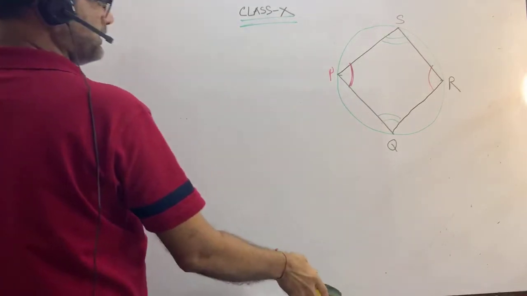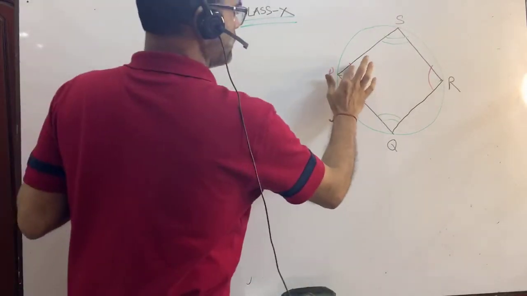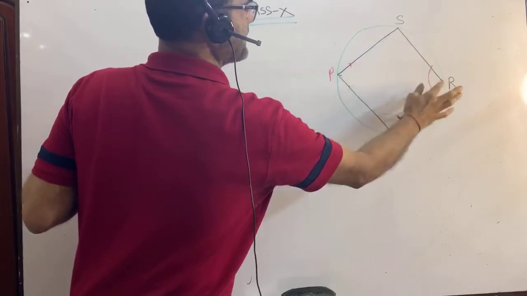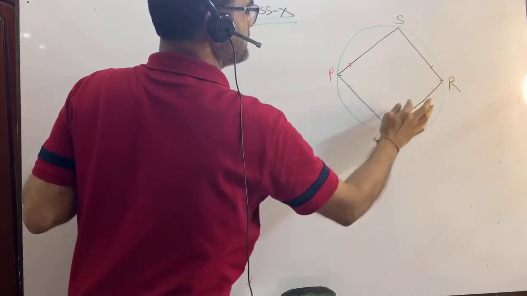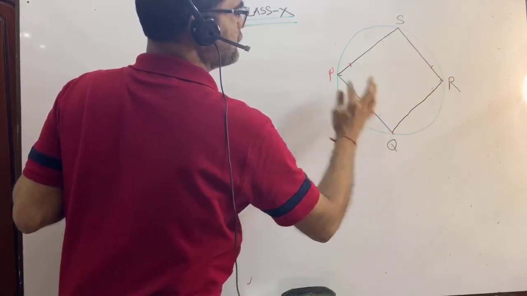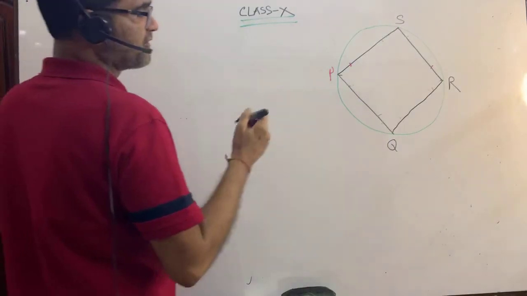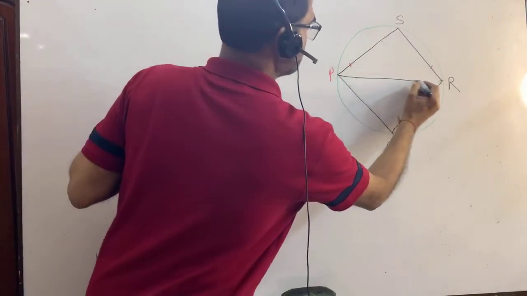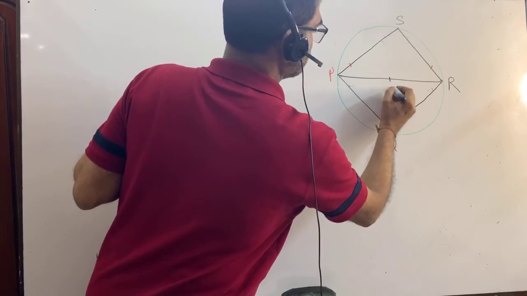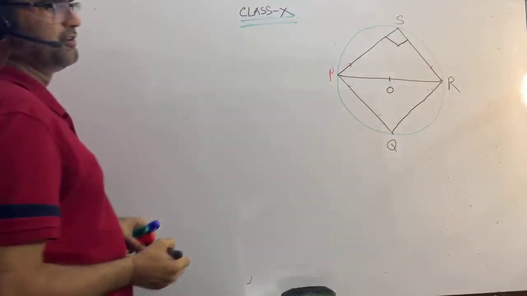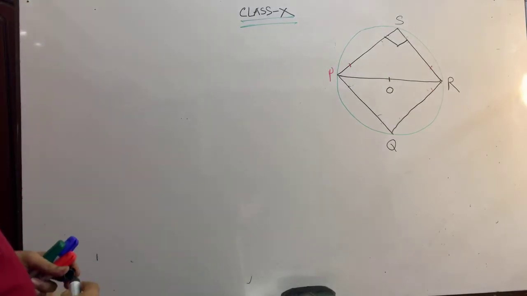Now we go to our first figure that I drew. Please see, what was the figure initially? It was the center, and it is obviously 90 degrees, right? Okay.